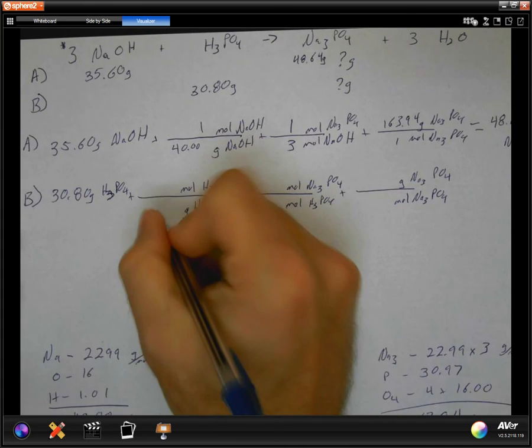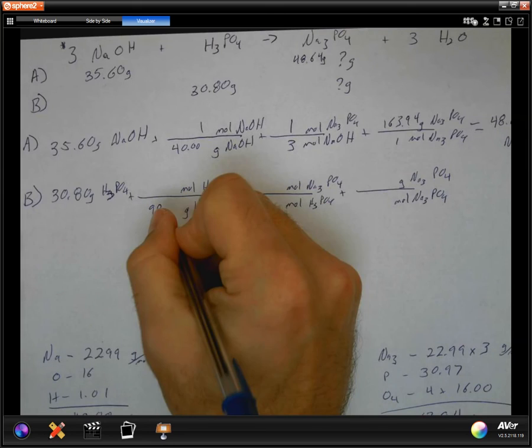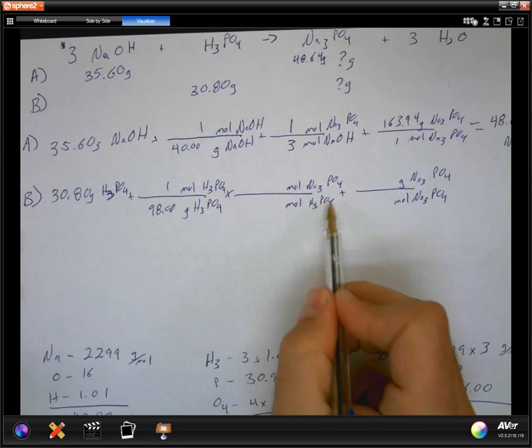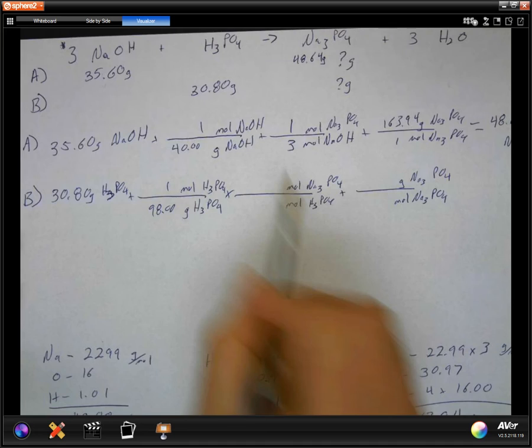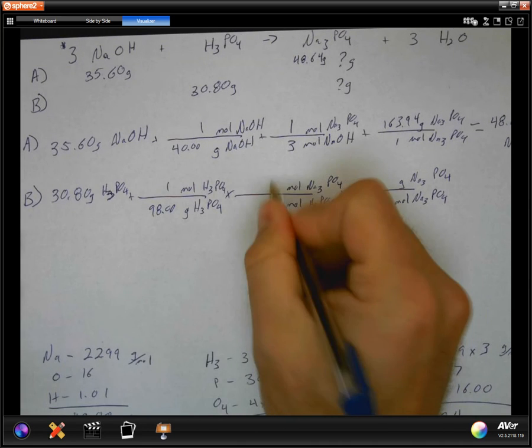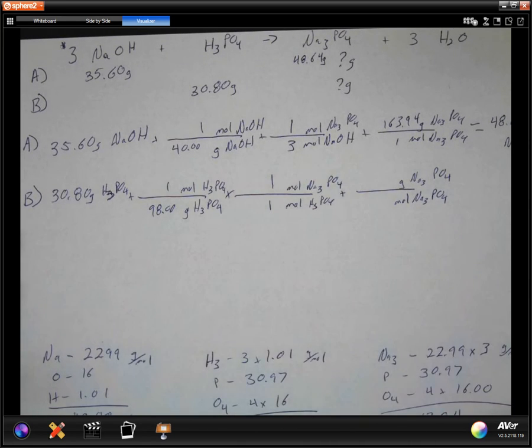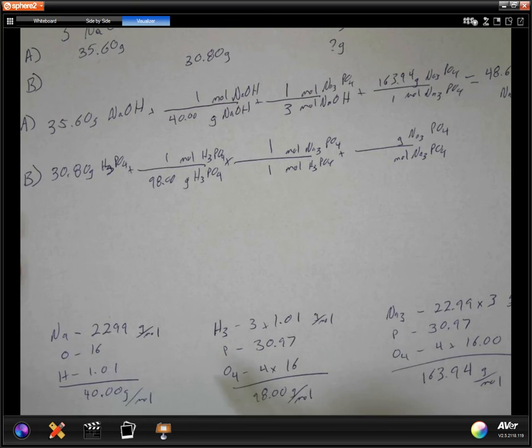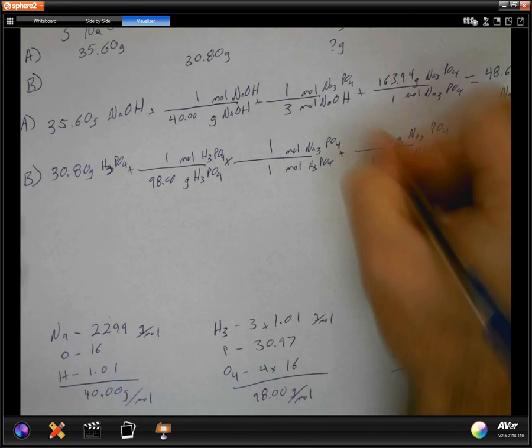Now go back in, fill in my numbers. H3PO4 is going to be 98.00. The conversion factor here comes from the 1-to-1 relationship. And then here on the bottom, sorry guys, 98 goes there. 163.94, again, came from your periodic table.